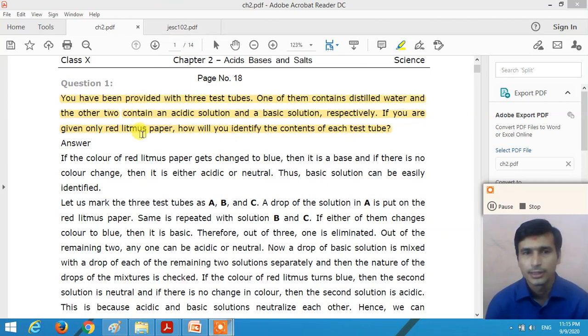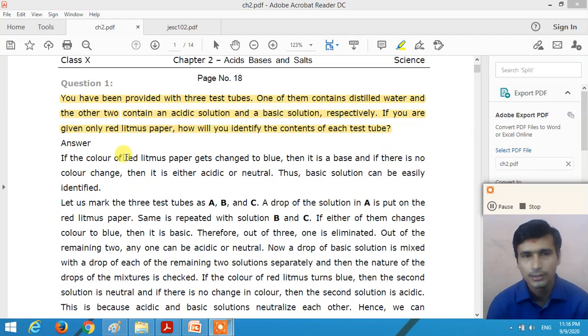If the red litmus paper changes its color to blue, then it is a base. And if there is no color change, it is either acidic or neutral. So the basic solution can be easily identified with the help of the red litmus paper.